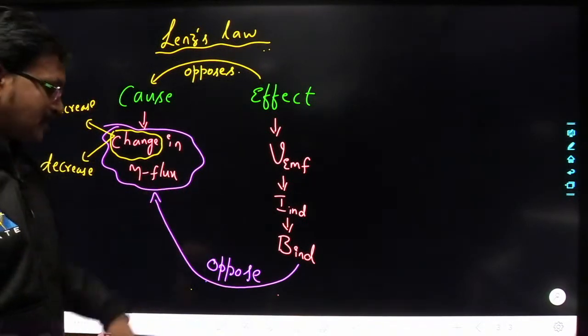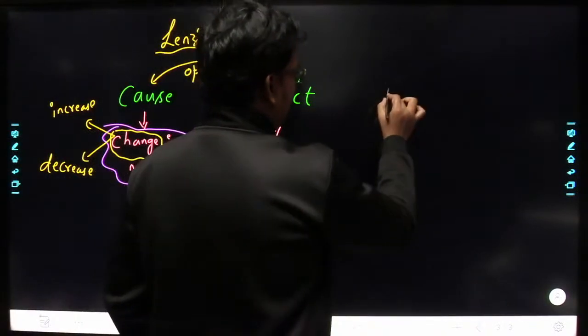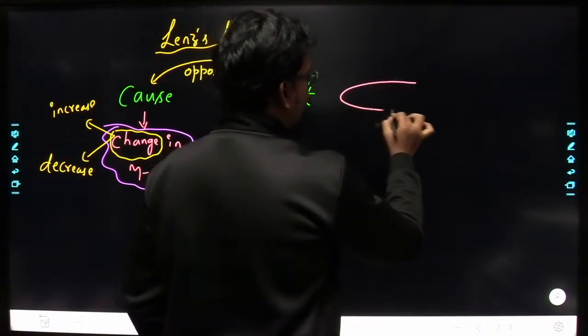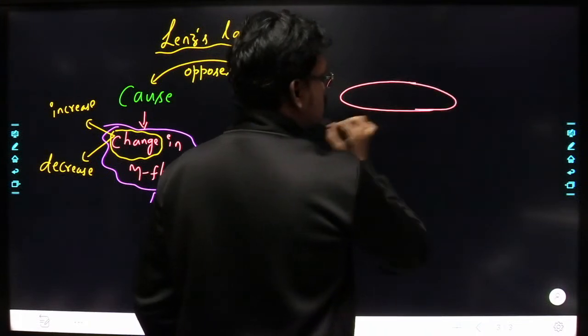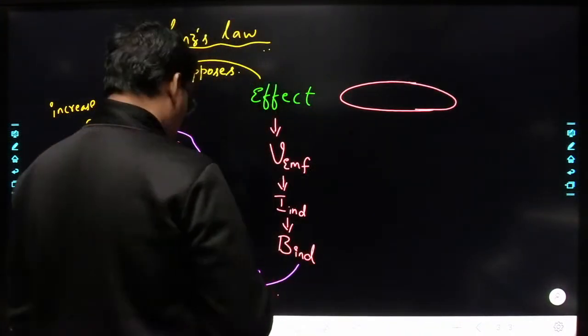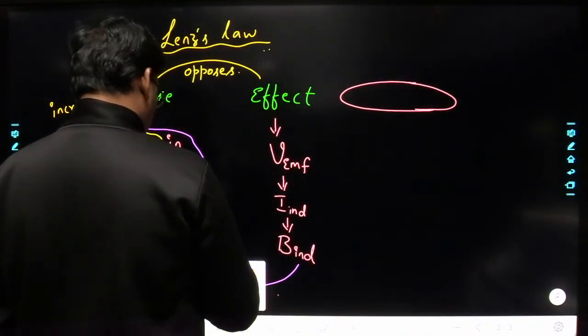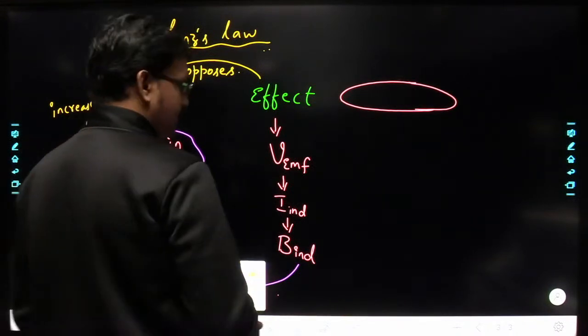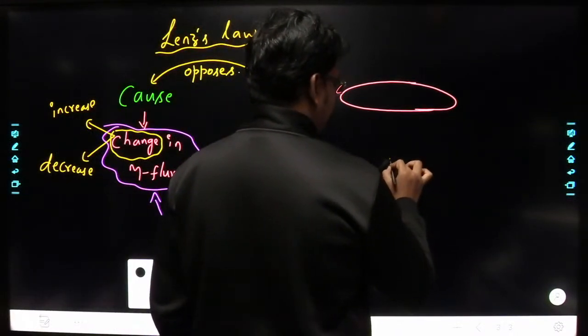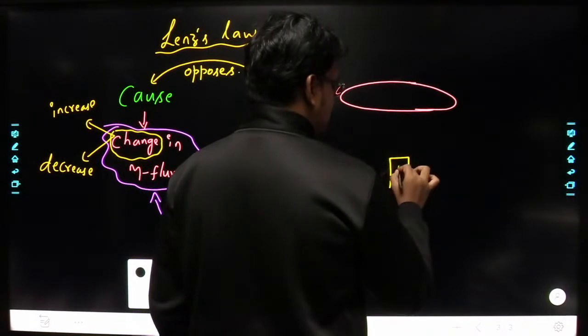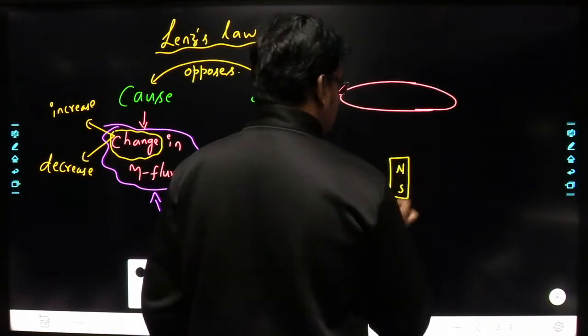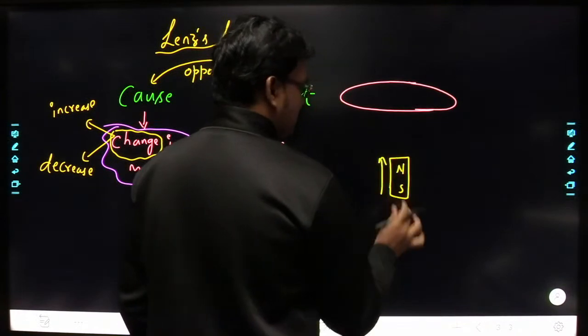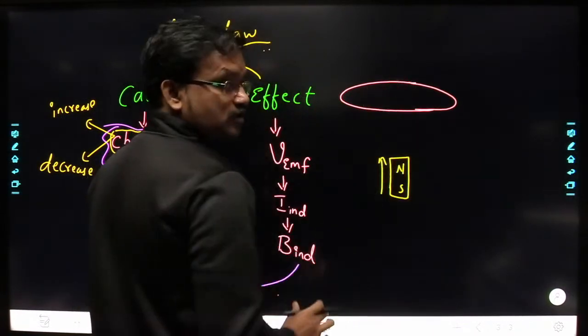Now see here, I am considering some closed loop. Understood? Now let us say I am considering a magnet, and let us assume this magnet is moving towards the loop.